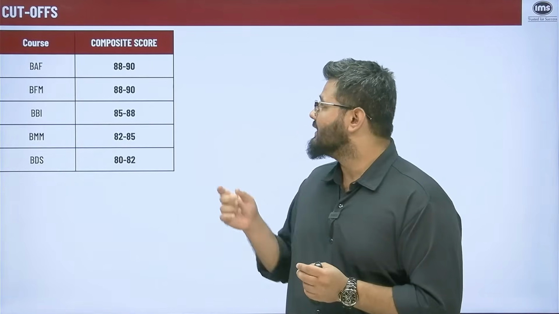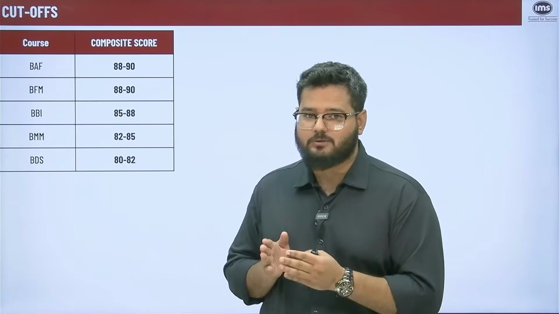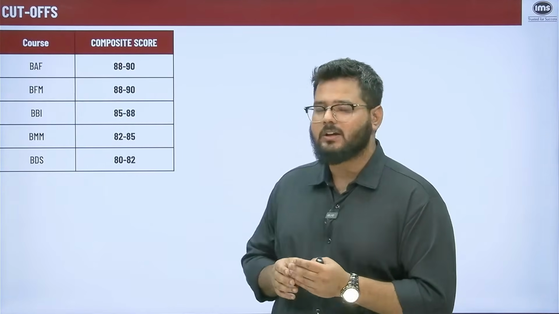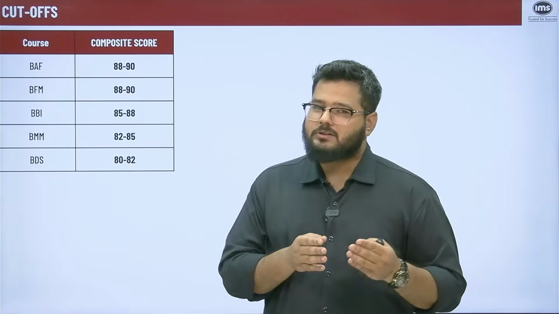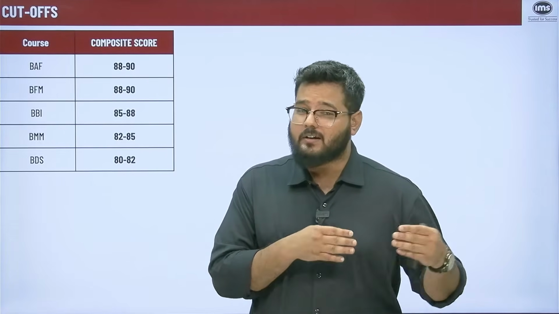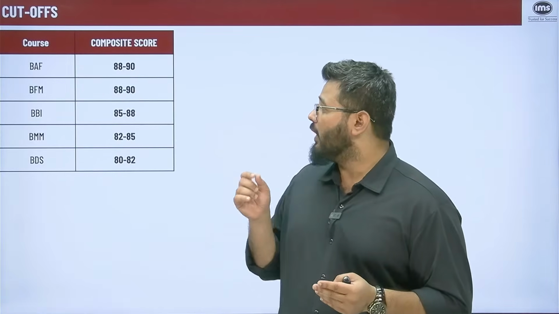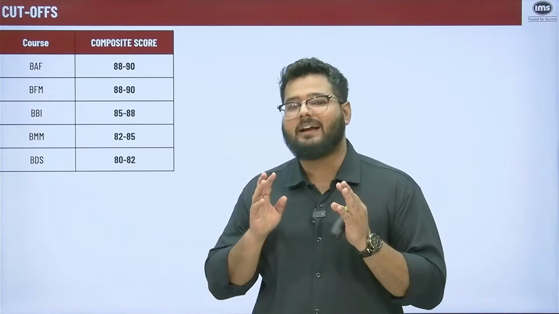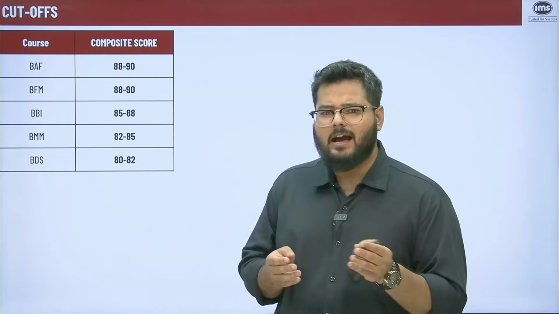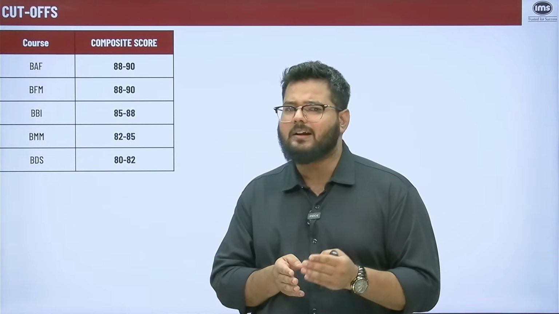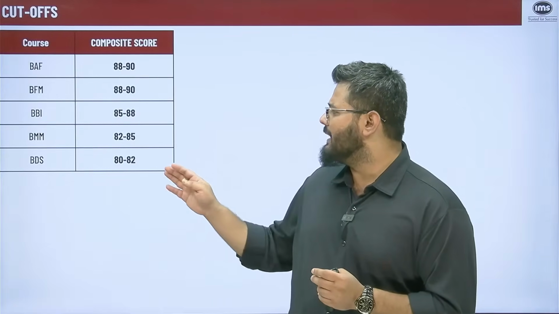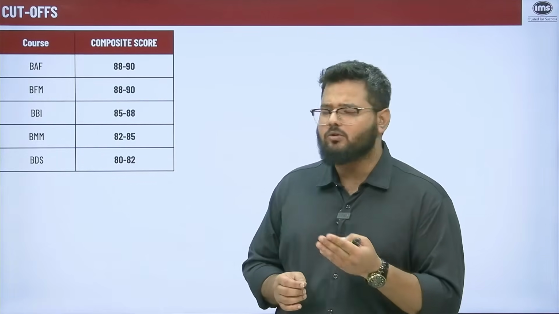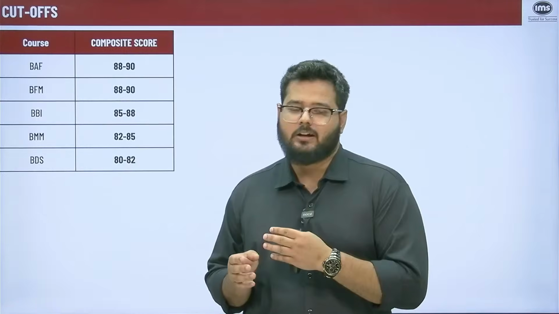So now, this is a composite score that I have displayed over here for multiple programs. If you look at the trend for BAF and BFM, the cutoff is in the range of 88 to 90, whereas for BBI, it can fall in the range of 85 to 88 this year. And for BMM and BDS, the cutoffs are 82 to 85 and 80 to 82.